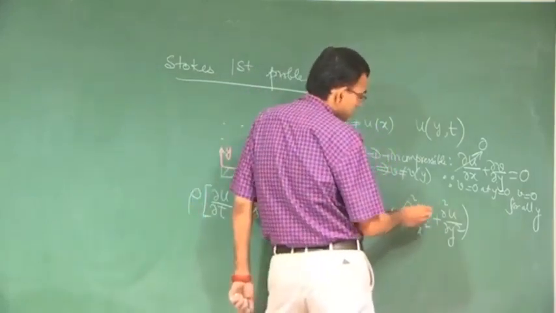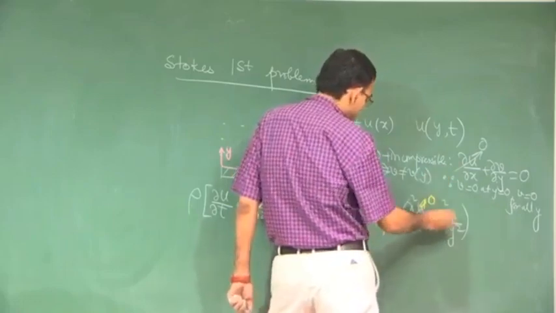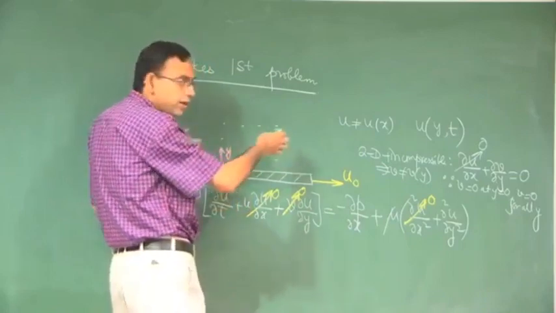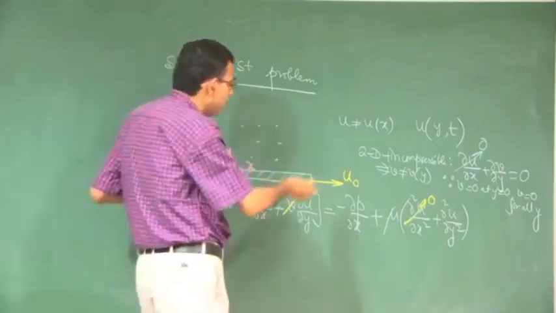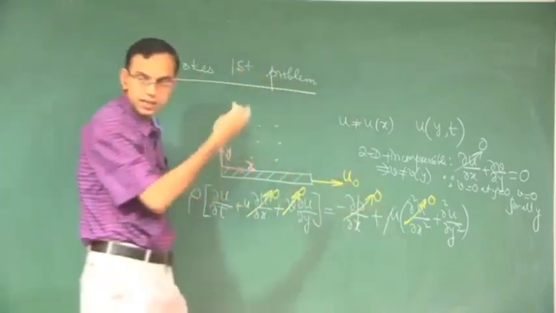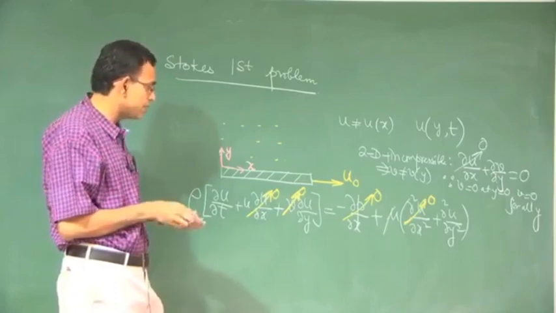Here u is not a function of x, so this is 0. u is of course a function of y. This is a flow which is unbounded and there is infinite fluid, so the pressure gradient which is acting is 0 because everywhere it is atmospheric pressure. So, you are left with this equation.